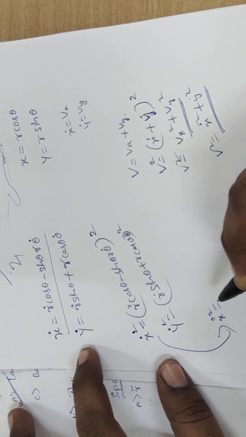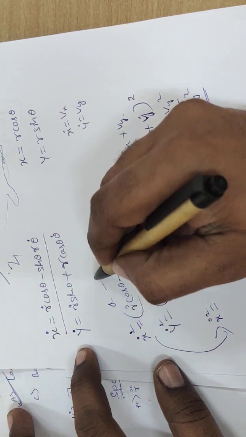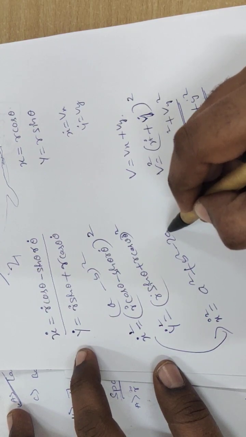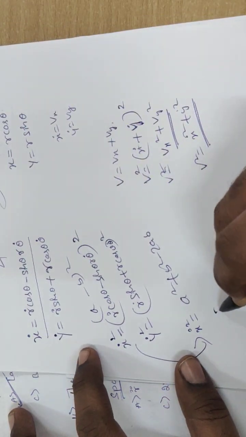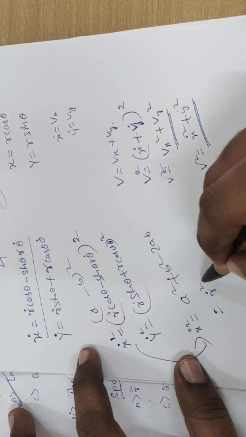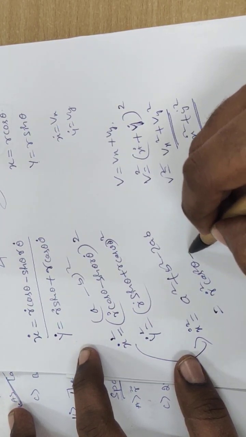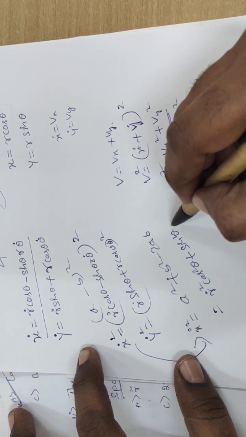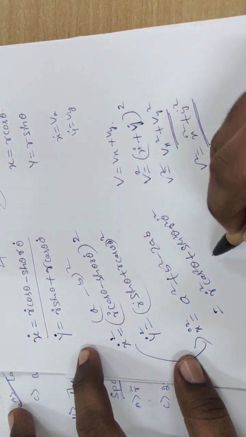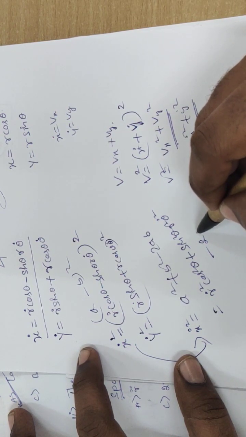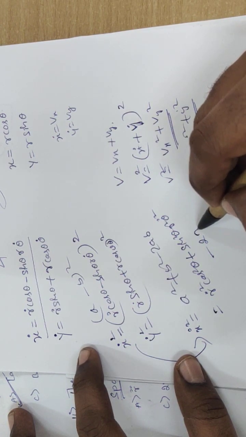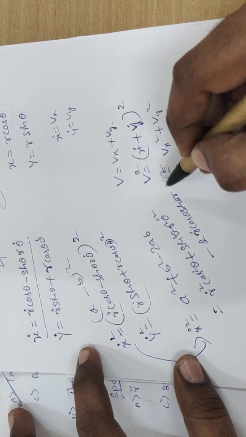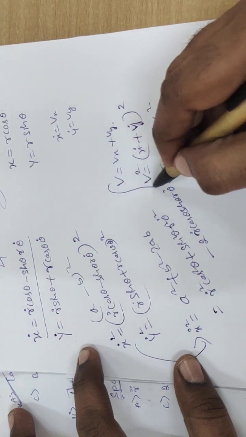X dot square is like a minus b whole square, so that is a square plus b square minus 2ab. Here a square is r dot square cos square theta, plus b square is sin square theta into r square theta dot square, minus 2 into ab, which is r dot cos theta sin theta theta dot.